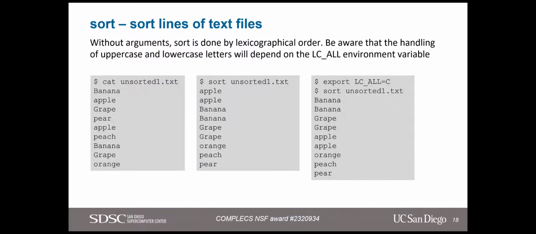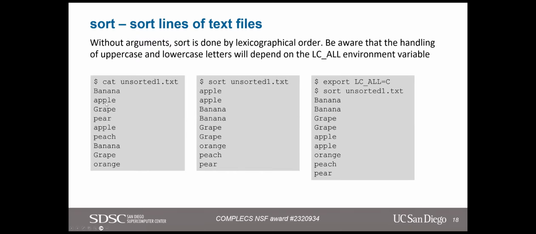The other thing I want to mention is that in Unix, uppercase and lowercase are always a consideration. So if you want to ensure that it's always going to behave the exact same way, you can use this export command, LC_ALL=C, and that means that all the tools using this will always put the capitals before the lowercase.